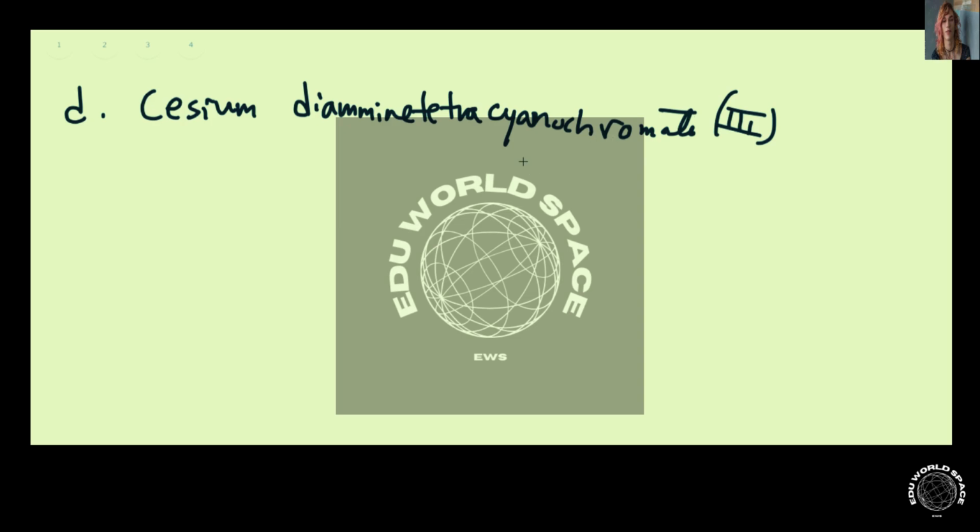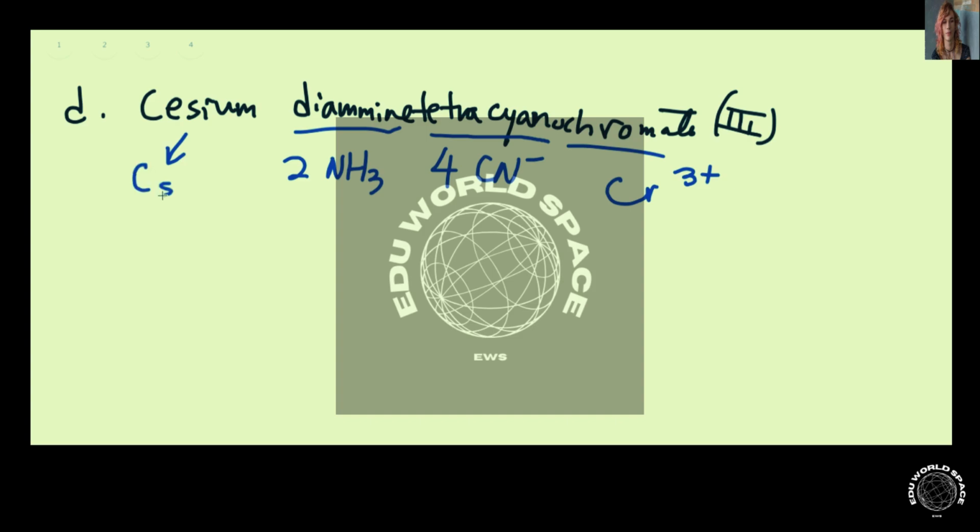All right, so in this complex, chromium, right here, chromate, Cr is the central metal atom, and it has an oxidation state of 3+. And each type of ligand: diammine means 2 NH3, tetracyano means 4 CN-, and cesium is Cs.